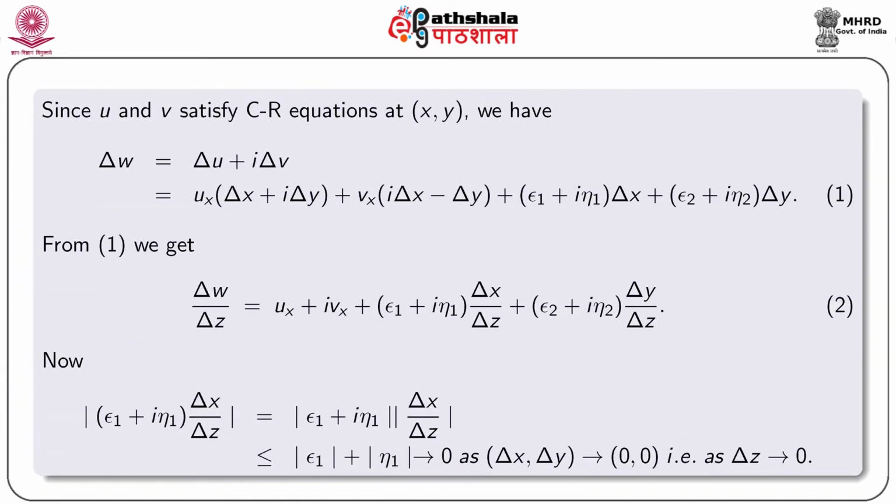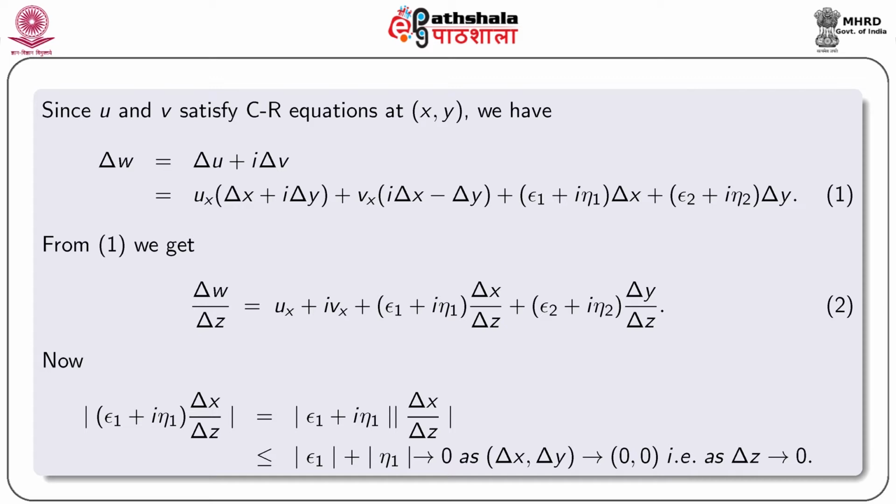Since u and v satisfy the Cauchy-Riemann equations at the point (x,y), that is u_x equal to v_y and u_y equal to minus v_x, we obtain del w is equal to del u plus i del v, since w equal to u plus i v.